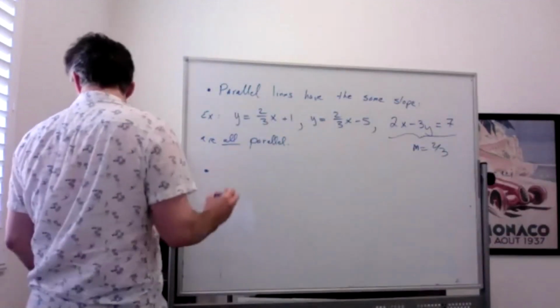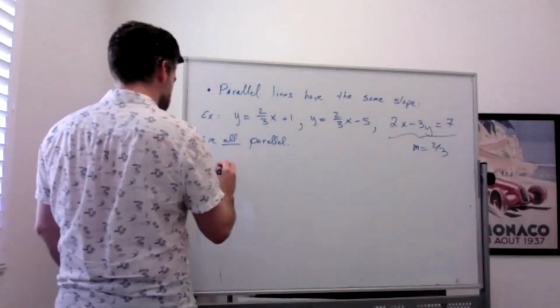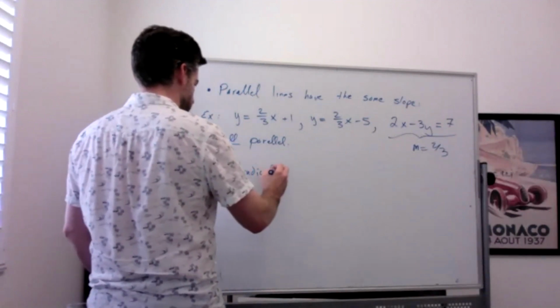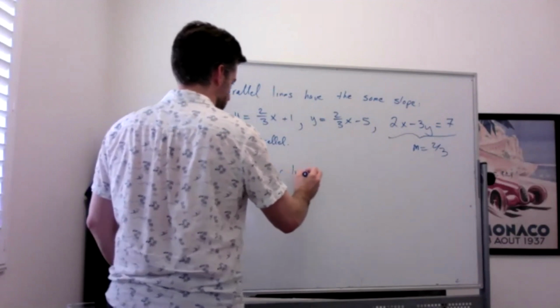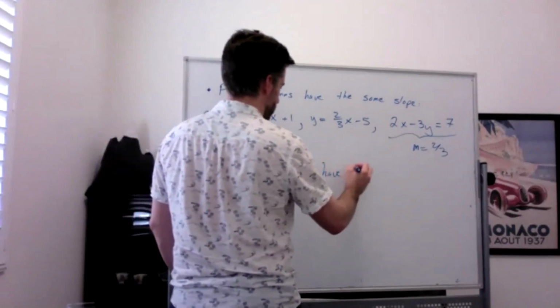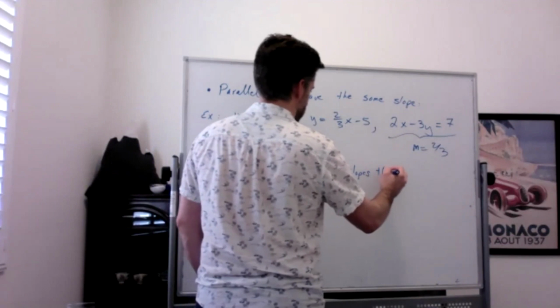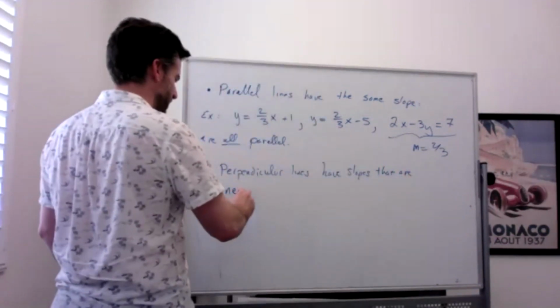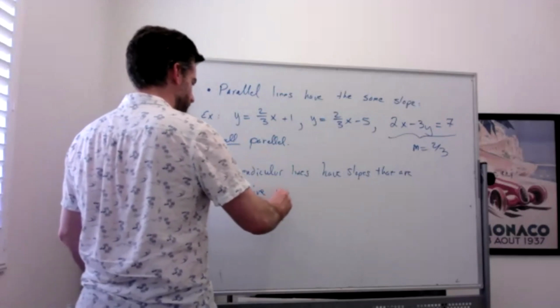And then another thing that is true, perpendicular lines have slopes that are negative inverses. Or I usually say reciprocals actually. Negative reciprocals.